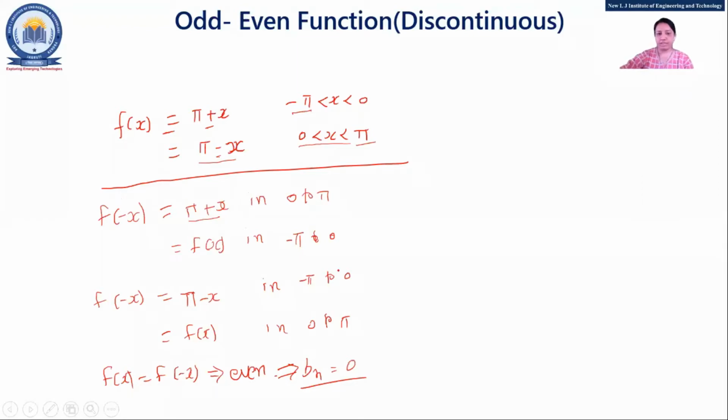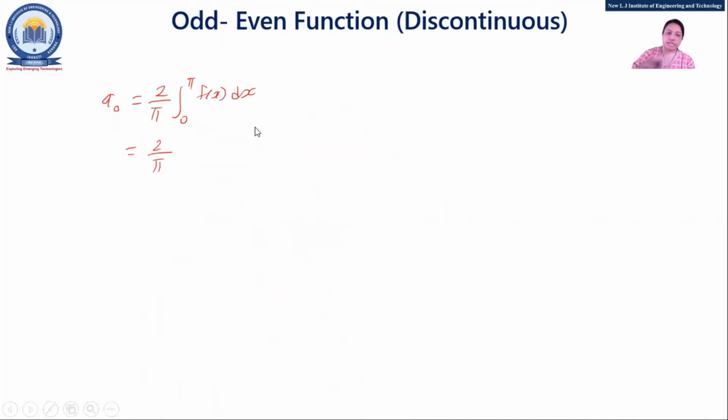So you need to take this only. Find it out quickly: integral from 0 to pi of (pi minus x) dx.